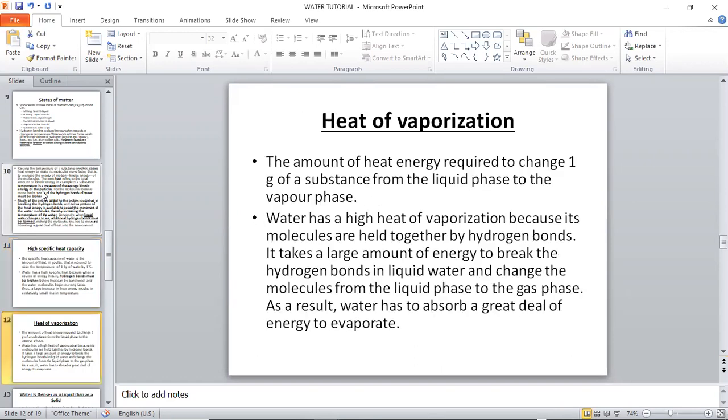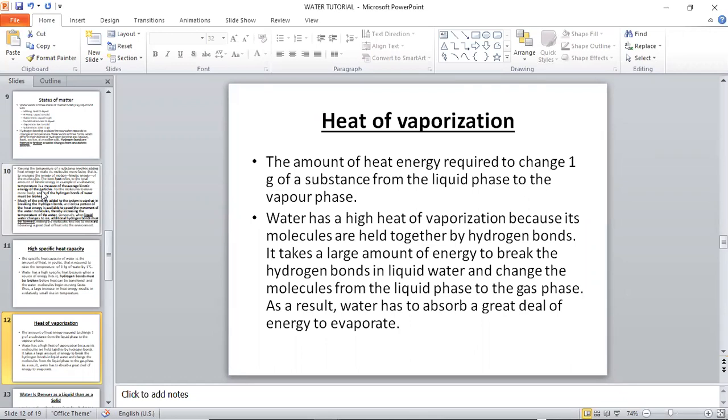Water also has a high heat of vaporization, which is simply the amount of energy required to change 1 gram of a substance from the liquid state to the vapor state. As in high specific heat capacity, water has a high heat of vaporization because of the hydrogen bonds that hold the water molecules together.